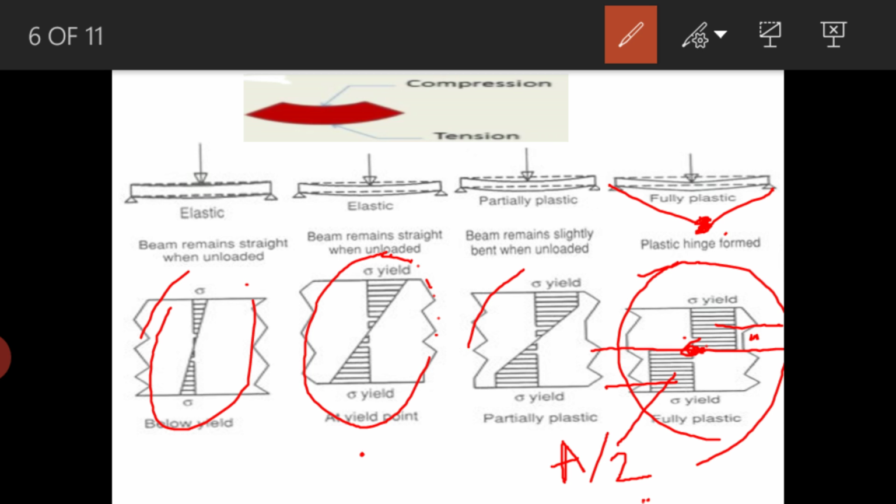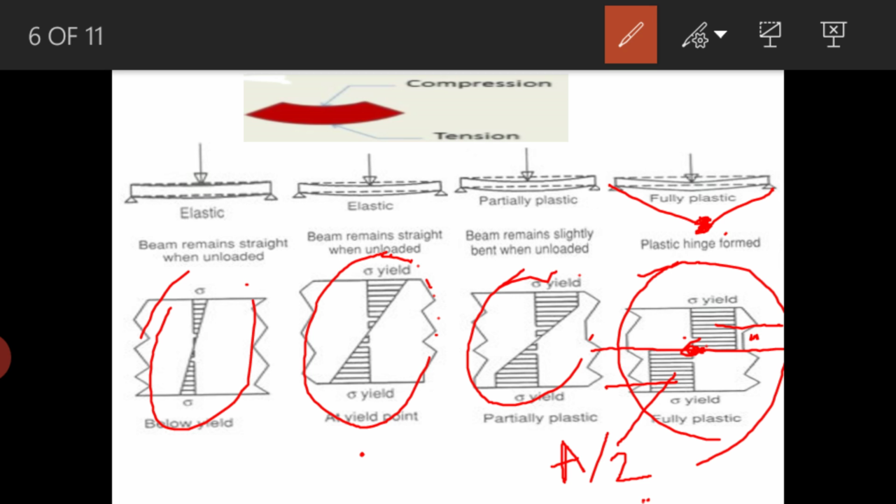In the third stage, part of the fibers get yielded and penetrate towards the neutral axis, that is the depth of penetration, and the moment we get at this stage is called the elastoplastic moment.